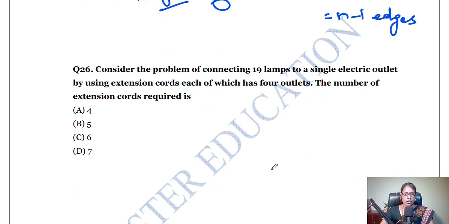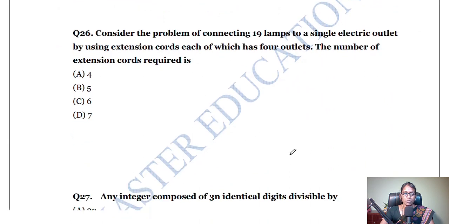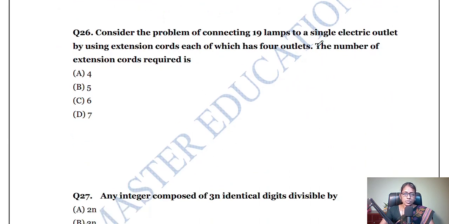The next question is, consider the problem of connecting 19 lamps to a single electric outlet by using extension cords, each of which has 4 outlets. How many extension cords are required? Okay, 19 lamps are there.